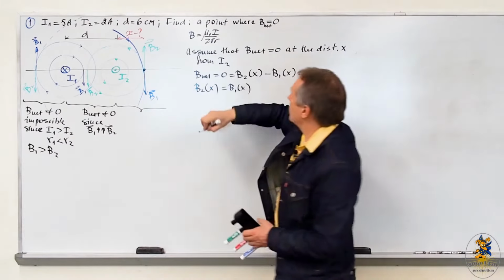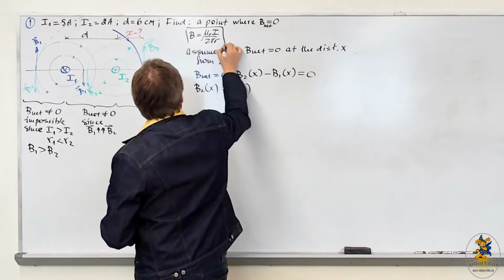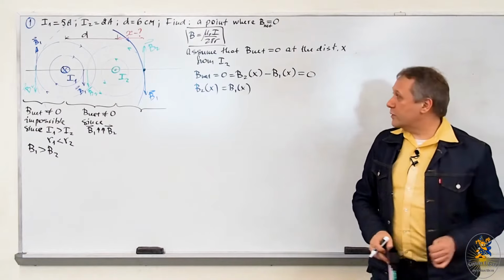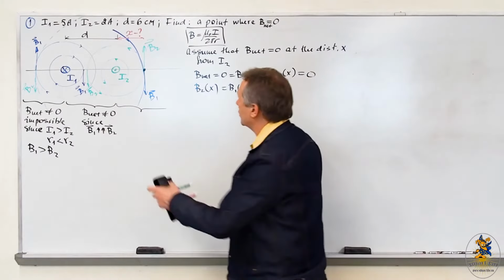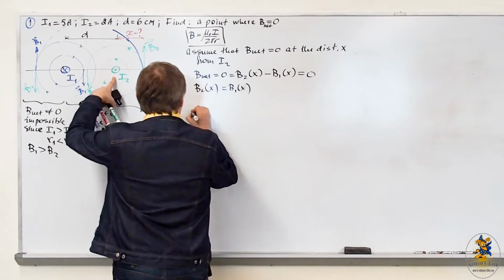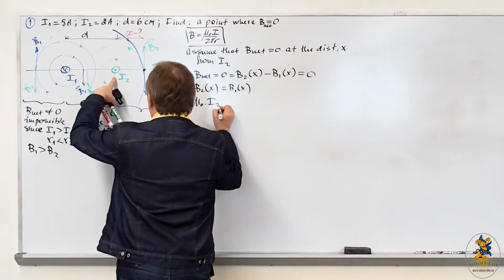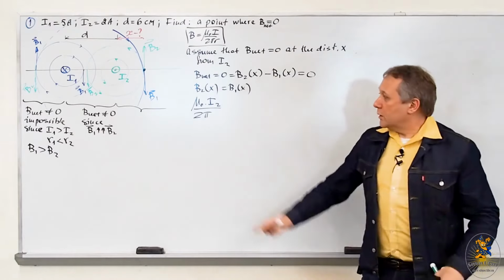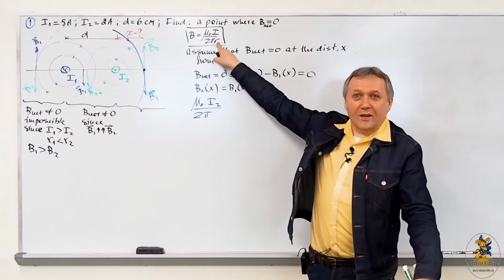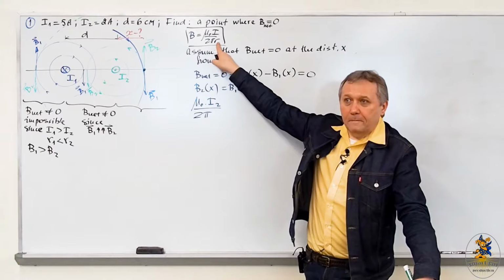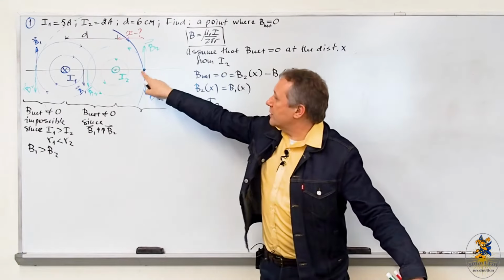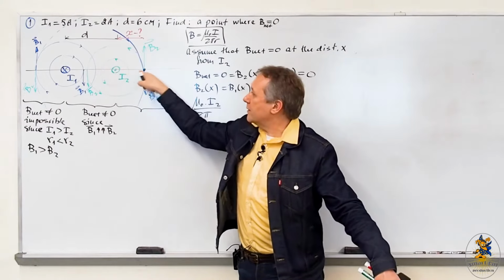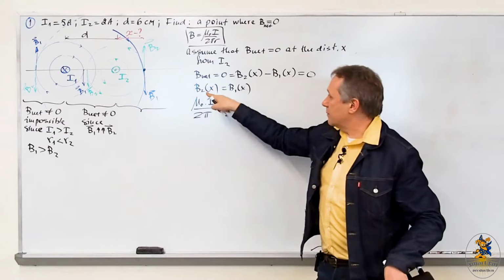So now this is the expression which we can use to find the value of the magnetic field. So let's apply it for B2. B2 is mu naught I2 divided by 2 pi. Which distance? R equals to what? Our point in question is at the distance x, our unknown. So R equals x for this B2.